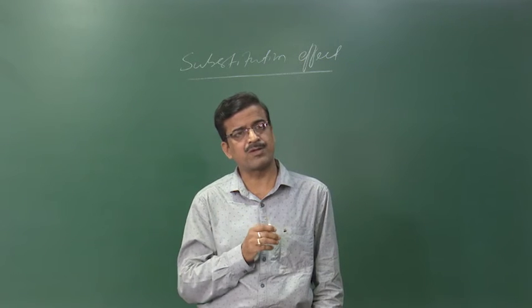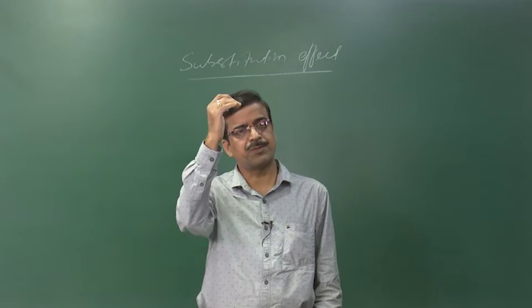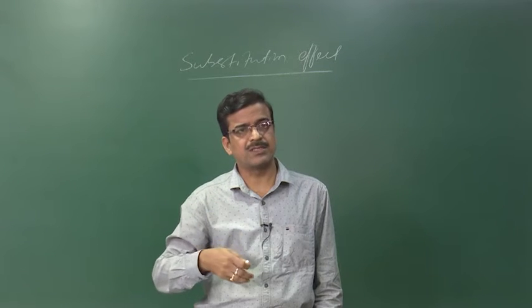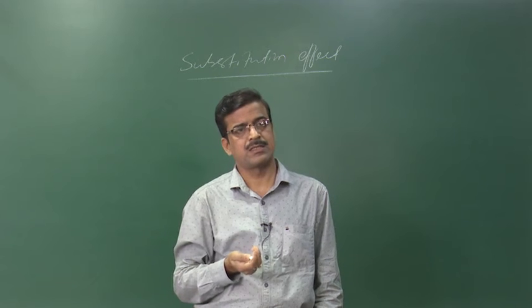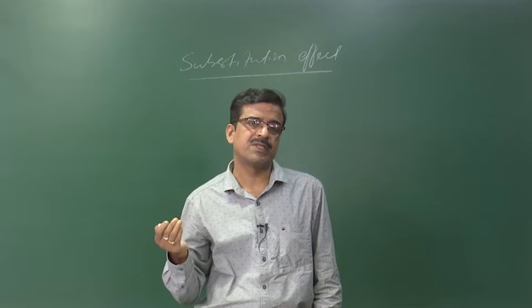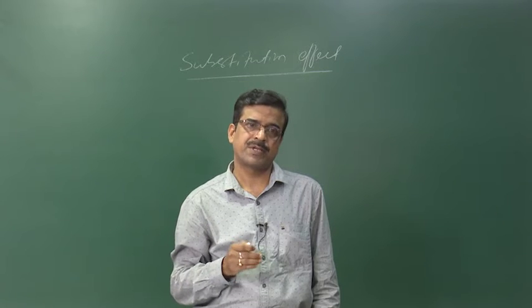So price effect, when the price of a product falls, the consumer's real income, that is purchasing power, increases. Therefore, he leaves the old equilibrium and moves to the new equilibrium, that is called the price effect.